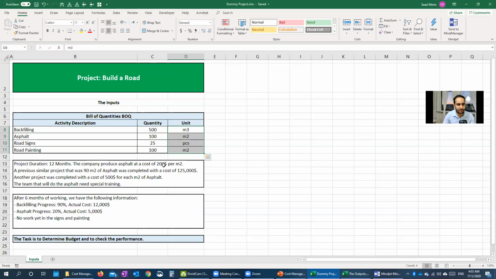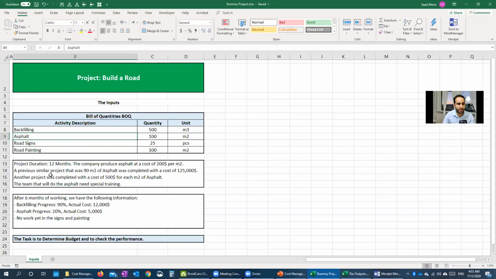And then we have some information given to us from the management, or from the SPMO, which is supporting this project. The project duration is 12 months, and the company produces asphalt at a cost of $200 per square meter, because we have asphalt cost here.